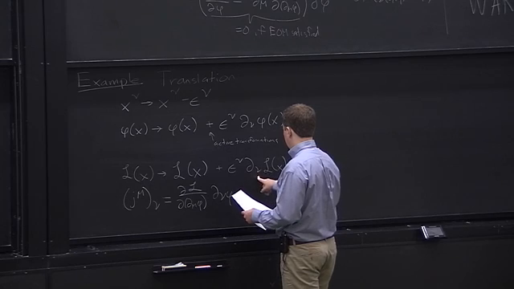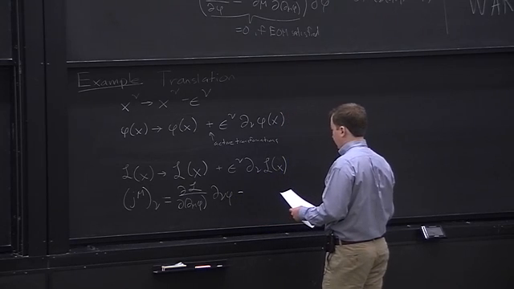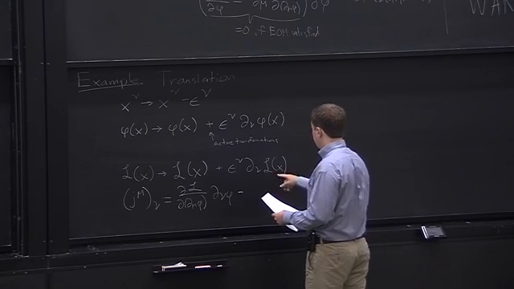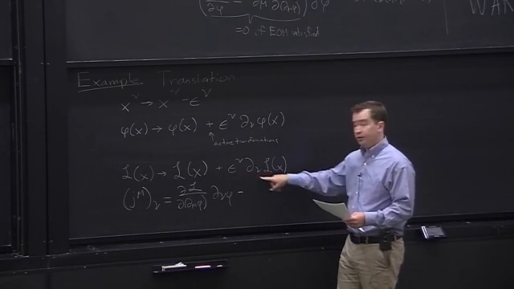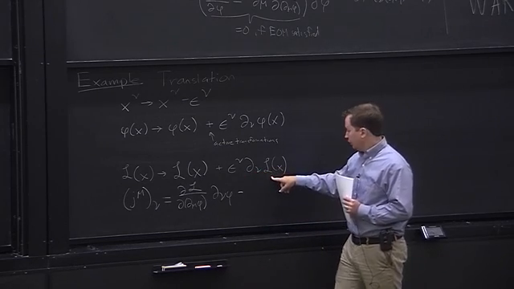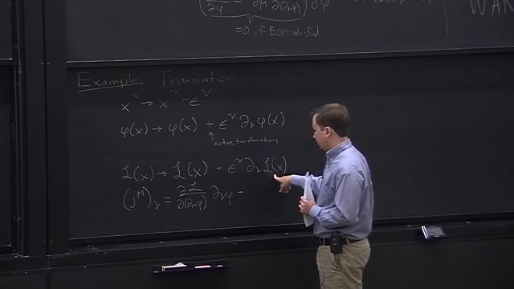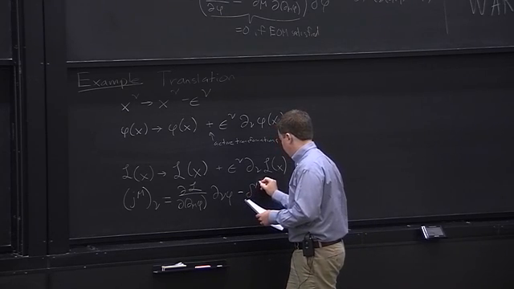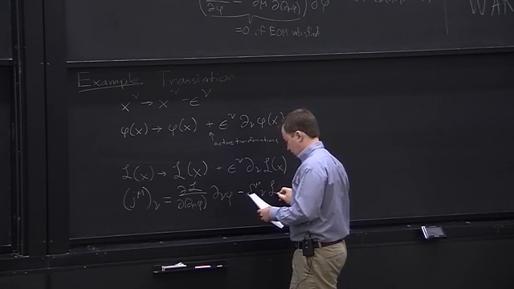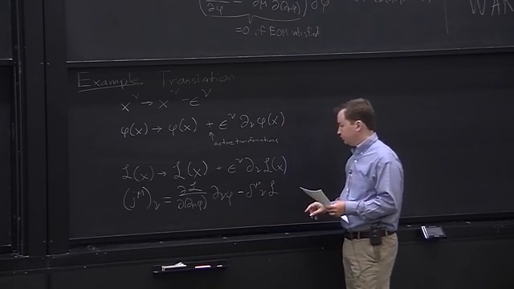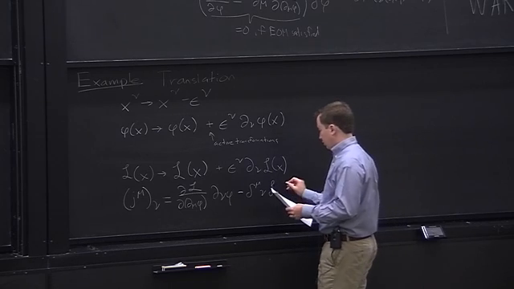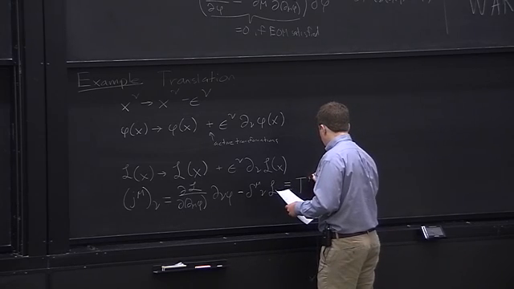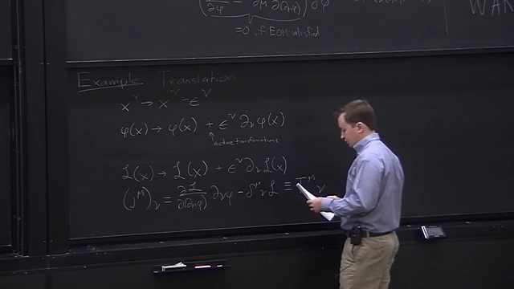And for the Lagrangian, the Lagrangian changes up to a total derivative. If you want to get the indices to match up, it should be the total derivative of δ^μ_ν L. And this conserved current has a special name. It's known as the stress energy tensor.